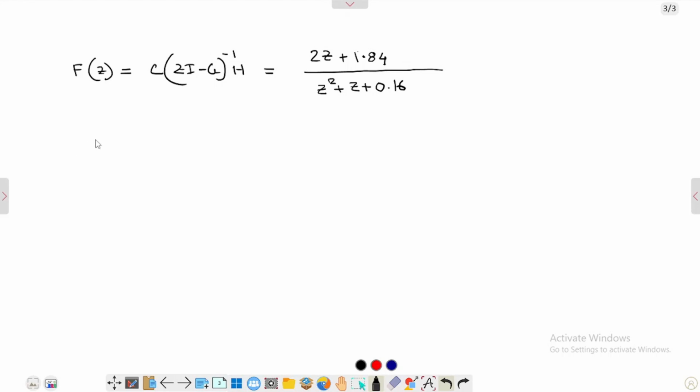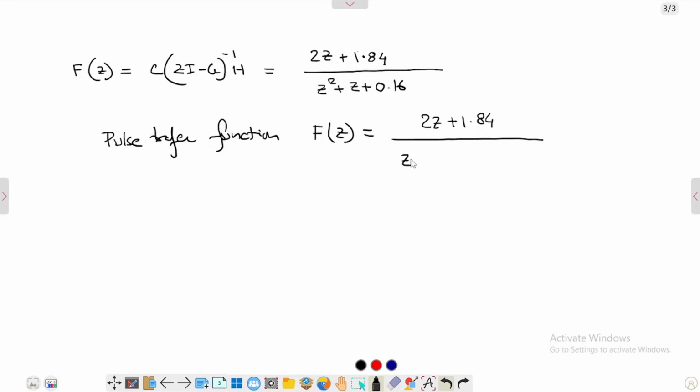So my pulse transfer function is F(z) equal to 2z + 1.84 divided by z² + z + 0.16.